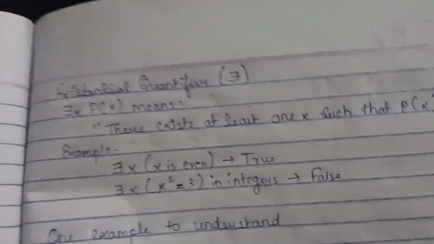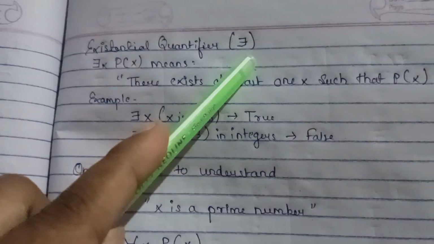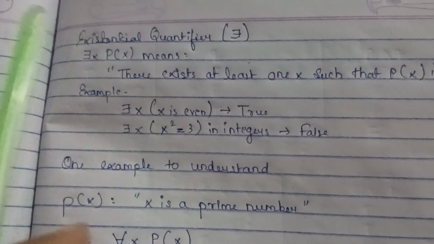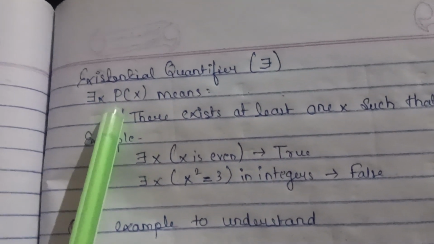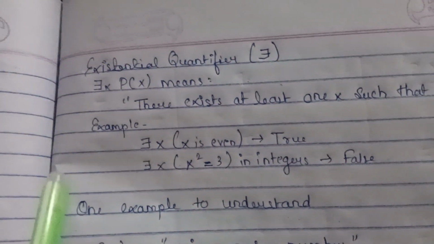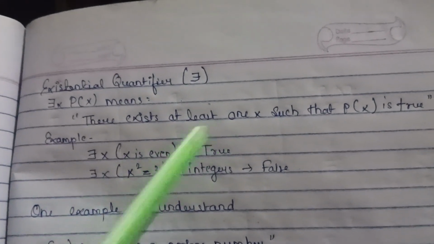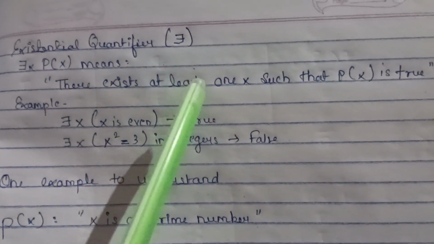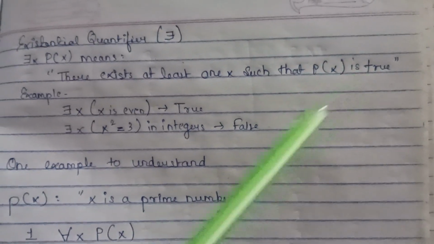Okay, let's see the existential. Here, the existential quantifier is the reversed E symbol. There exists x, P(x) means at least one must be true in P(x). So there exists at least one x such that P(x) is true.